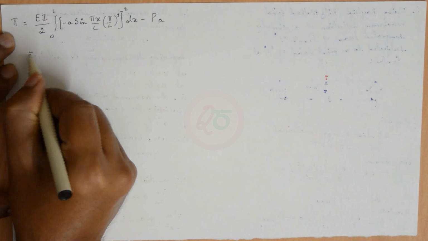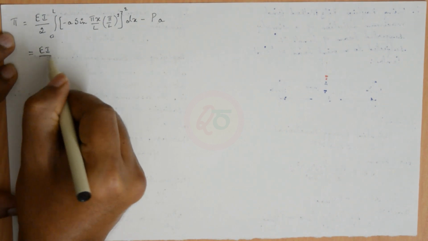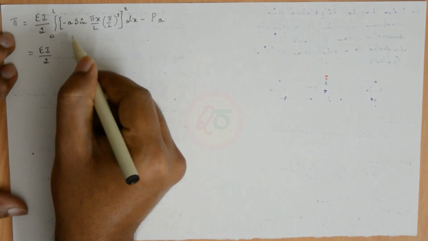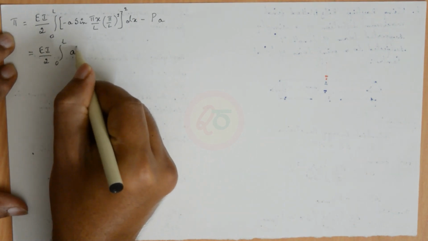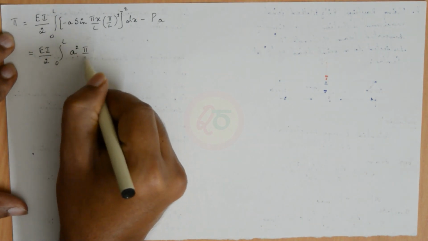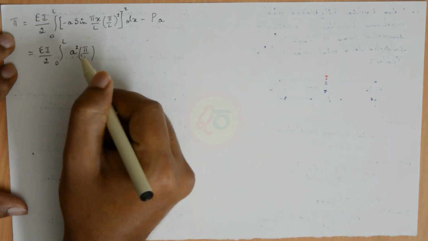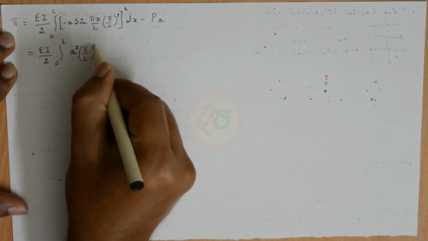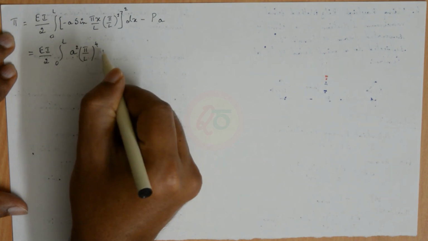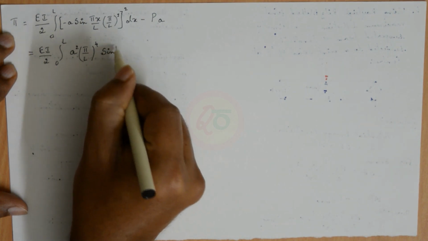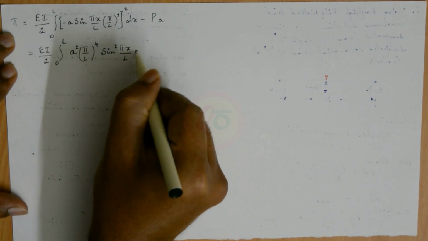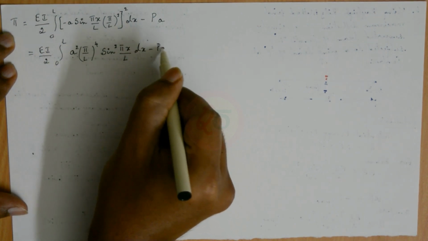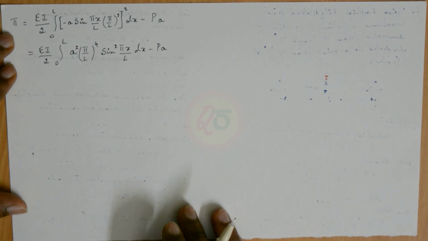So this becomes EI by 2 integral 0 to L a square pi by L to the power 4 sine square pi x by L dx minus P a.